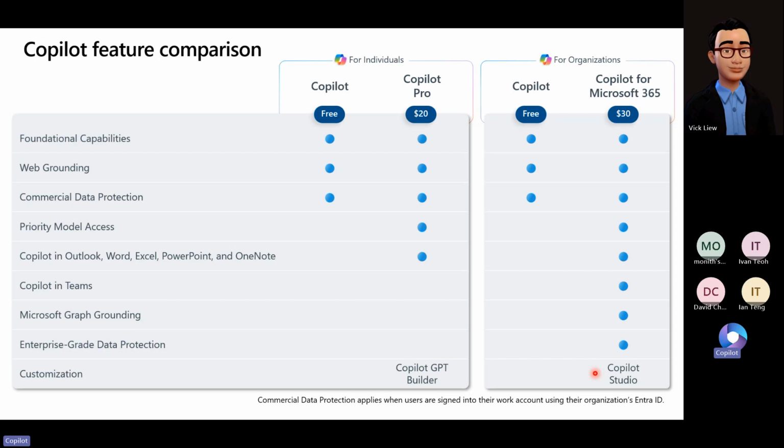So basically, users can ask questions, and the AI chatbot will look into your knowledge base and the documents that you have supplied to Copilot Studio. So there are many scenarios you can do, and you can also do that with Copilot GPT Builder as well. But there are limited features compared to the organization version.